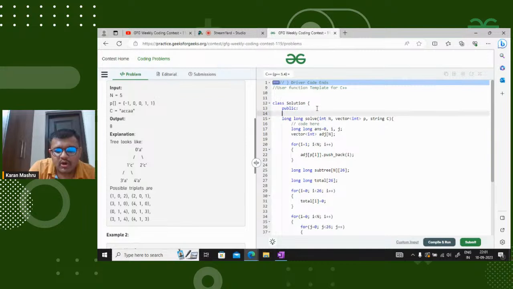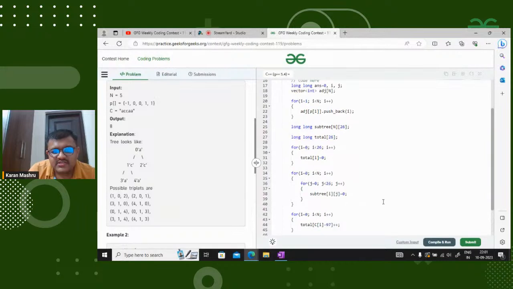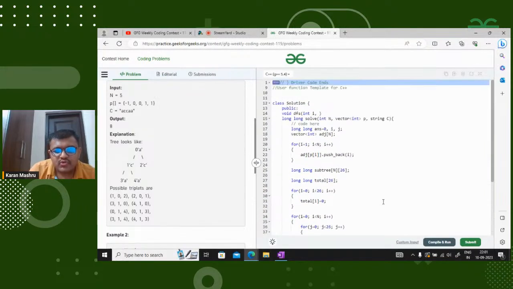So let us call void DFS int i, and let us also pass the answer variable. Okay, answer is initialized to 0. So int i, then vector adjacency list, and subtree. So long subtree, it is a 2D matrix, right?